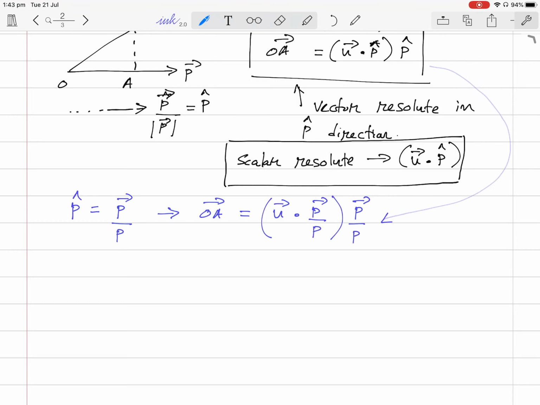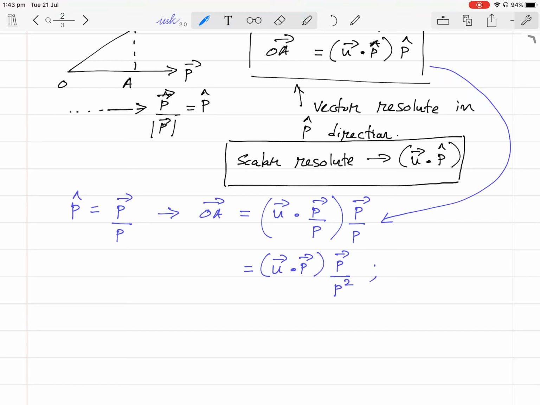So I'm just rewriting this. So one can write this as u vector dot p vector times p vector divided by p squared.